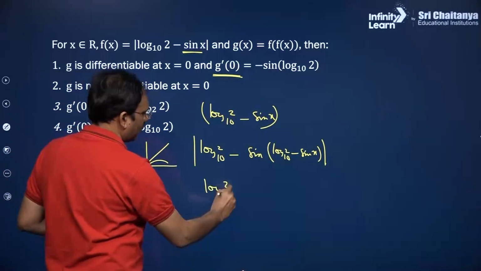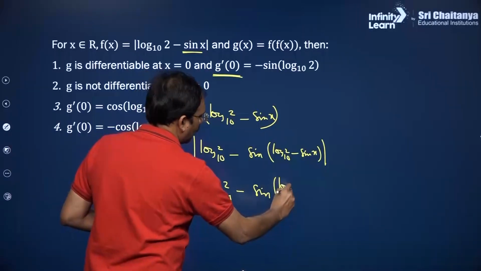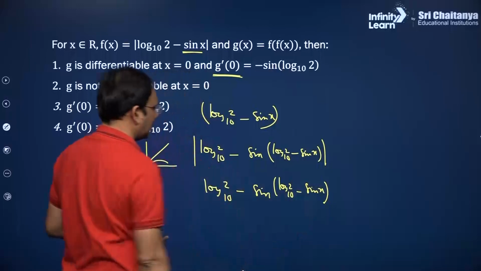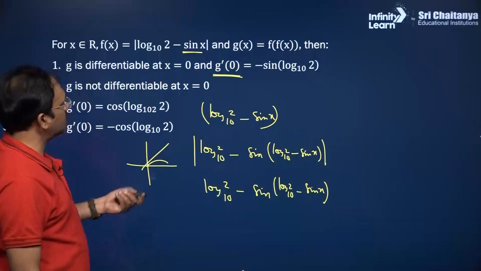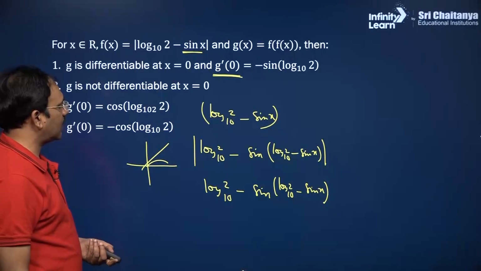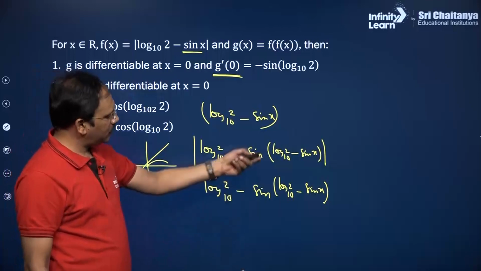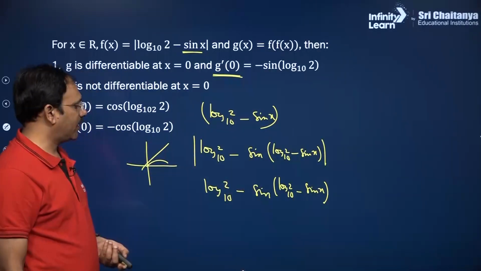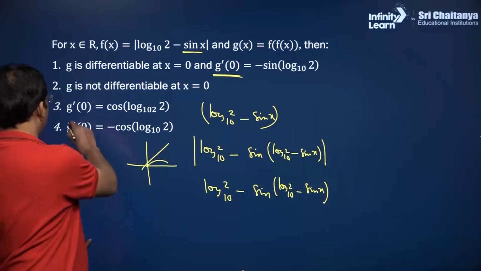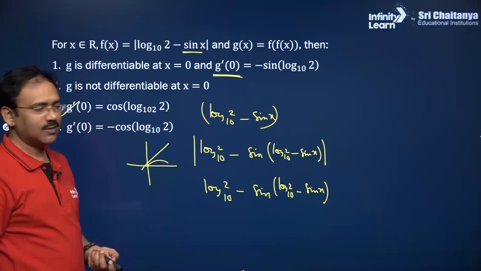This is also, my dear friends, log 2 base 10 minus sin x it is. Now modulus is removed, this is g of x, find g dash of 0, my dear friends. So g dash of 0 means first take derivative and put x is equal to 0, you will get, my dear friends, g dash of 0 is going to be cos of log 2 base 10, that is it.